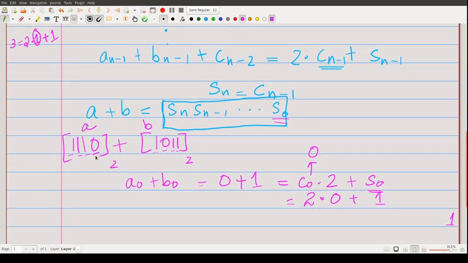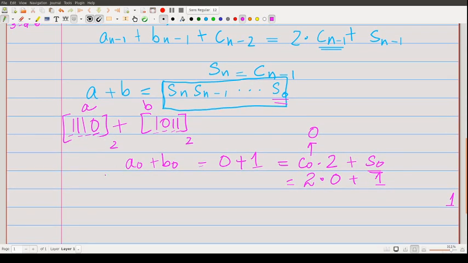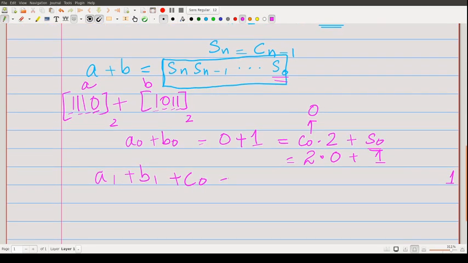So A1 was 1. So we need to do A1 plus B1 and take the carry from here and add it here. So the second digit is 1, the second digit over here is 1, so 1 plus 1 plus the carry from before, which is just 0, is 2 now. And 2 can be written as 1 times 2 plus 0, right?